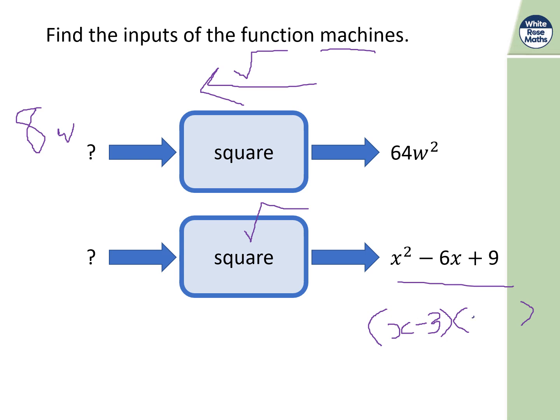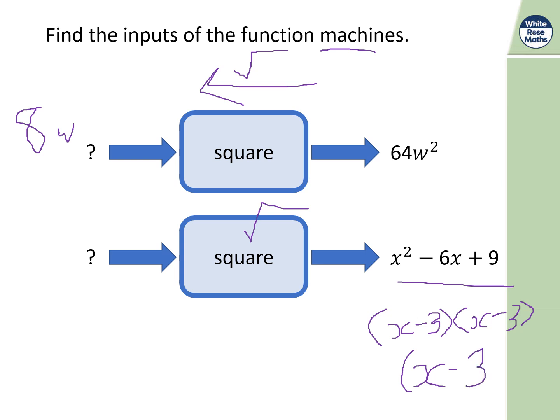Two numbers that add to make minus 6 and multiply to make positive 9. Well, that would be negative 3 and negative 3, because negative 3 add negative 3 is negative 6, and negative 3 times negative 3 is positive 9. So I can write that as x minus 3 all squared.